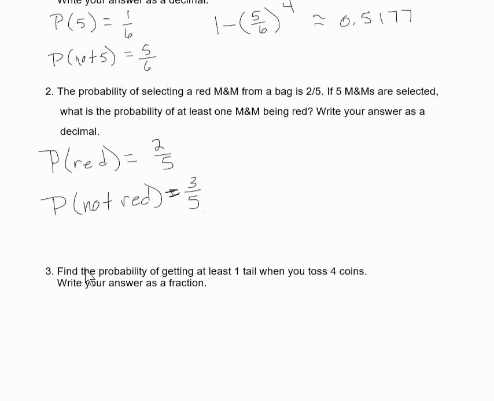And the probability that I'm going to get at least one red is 1 minus 3/5 to the nth power. Well, how many times am I doing this? I'm doing this 5 times because I'm selecting 5 M&Ms. So that's to the 5th power. And you stick that into the calculator and you get approximately 0.9222.